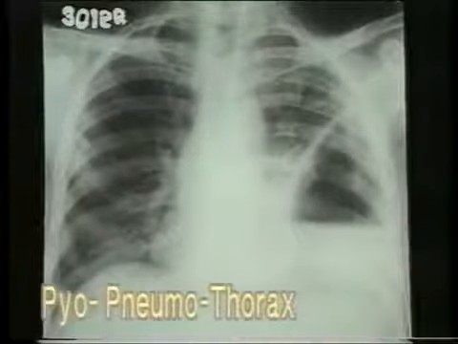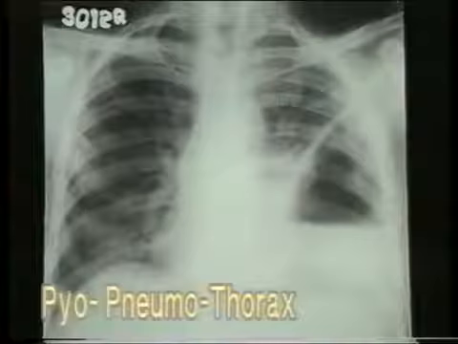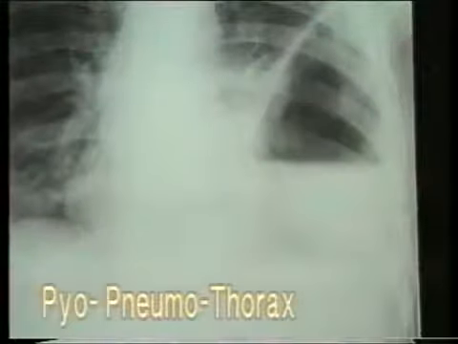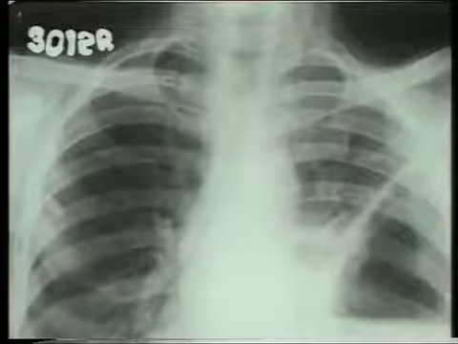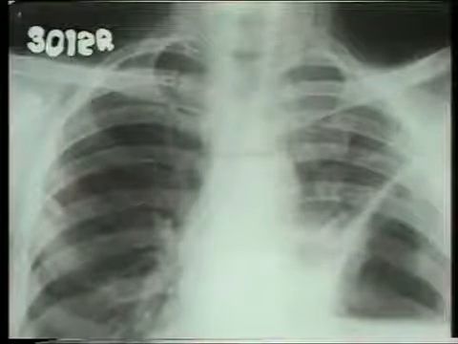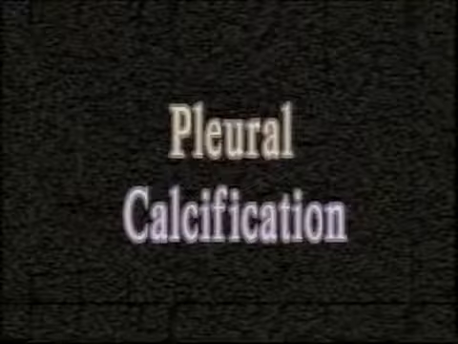Note in this X-ray of loculated pyopneumothorax that the ribs are not seen through the fluid, and note the thick fibrosed lung border. Pneumothorax is often loculated due to formation of adhesions. In the upper half, compare the lung on both sides and the compression of the left lung will be clearly evident. This was a loculated pneumothorax.